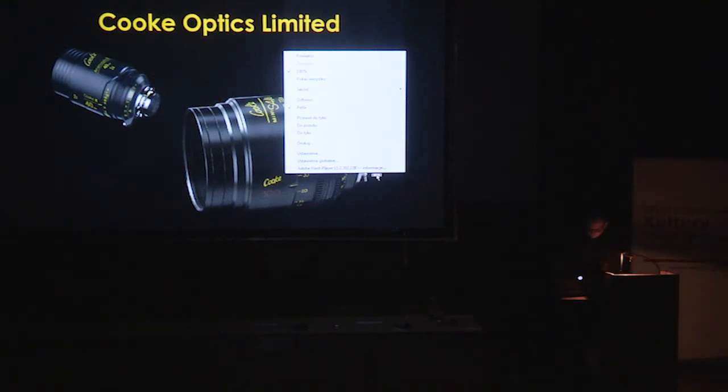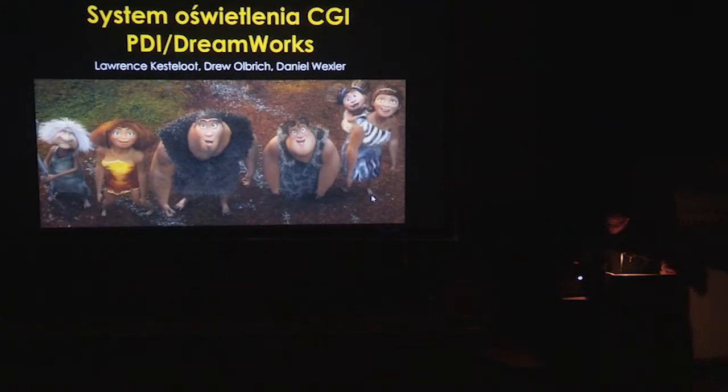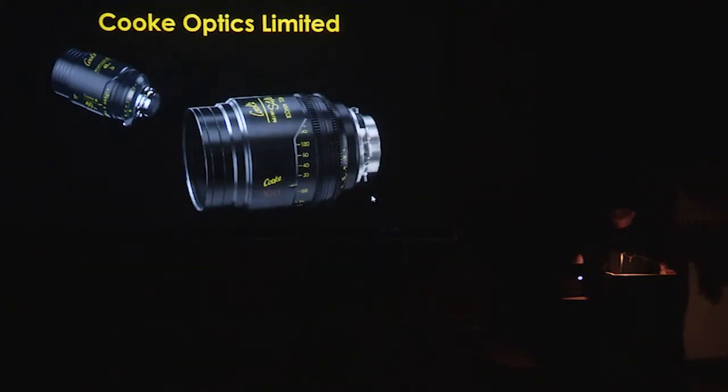And I'm sorry, I think we shall be finishing. Cooke Optics, a set of lenses, got an award for all their work, because there is even this Cooke Look term that determines the work of the lenses.